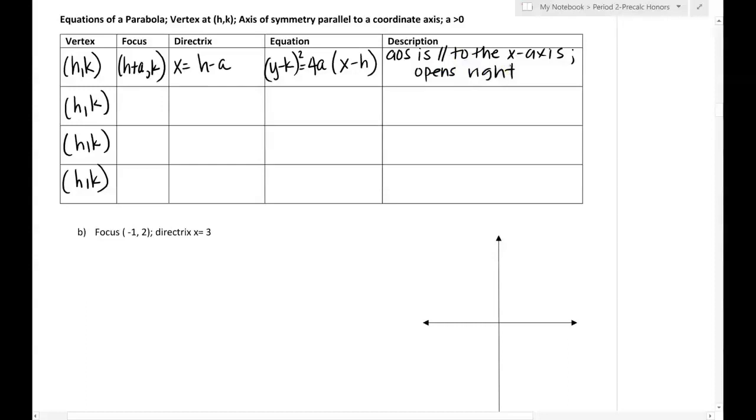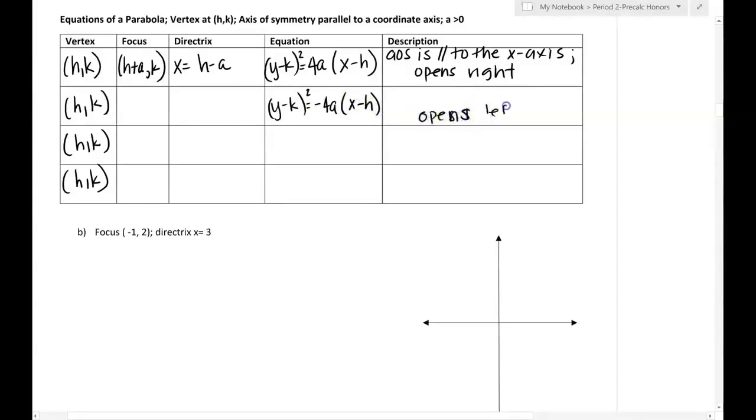Next one, we will have the equation y minus k quantity squared equals negative 4a times x minus h. Now because it's negative, it opens to the left.